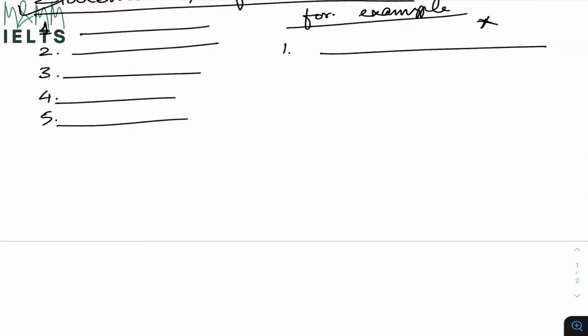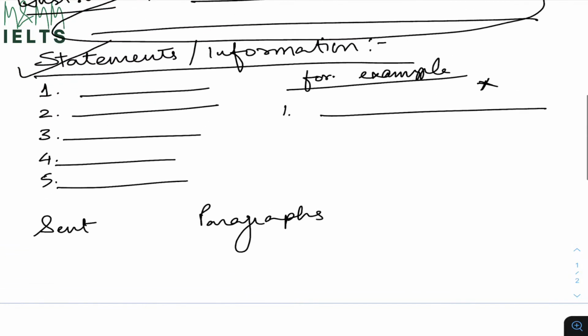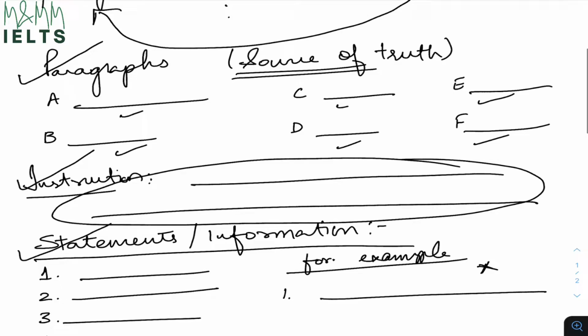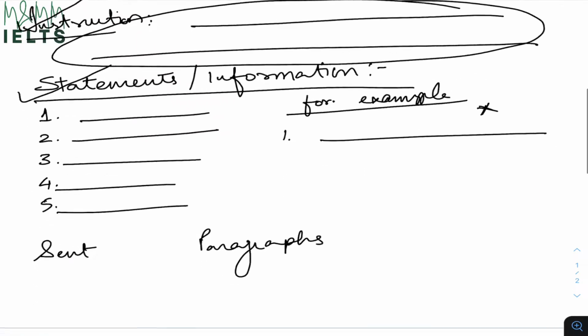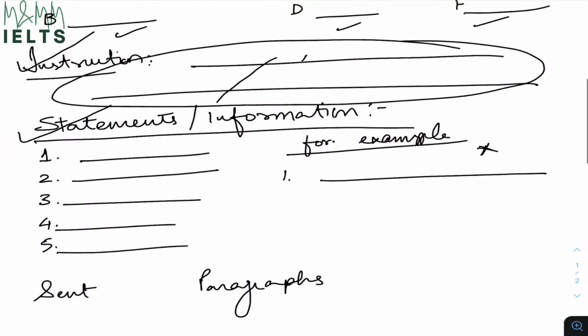The instruction will be something like, there are a few sentences and a few paragraphs given, and write down numbers 1 to 5 in front of paragraphs A to F. You can use one statement once only, or you can use one statement more than once. Such instructions will be given in these 2 lines.